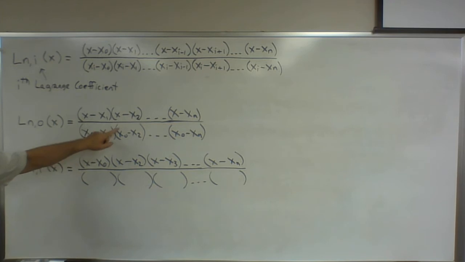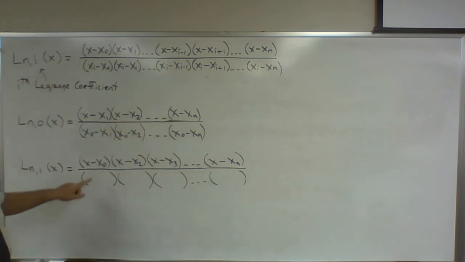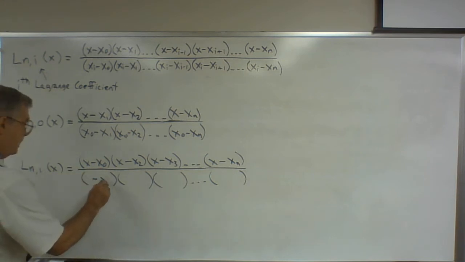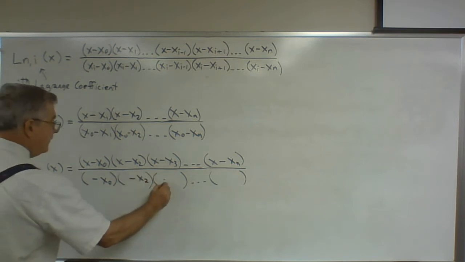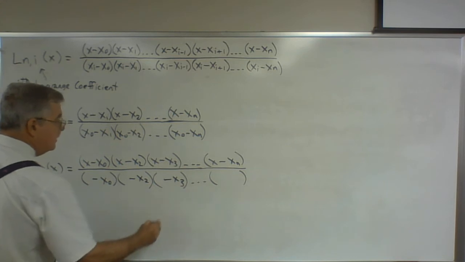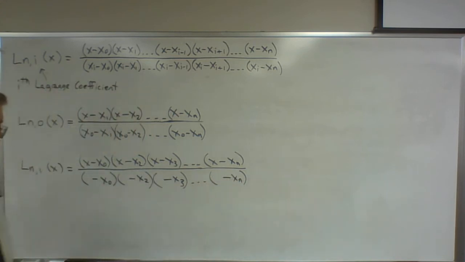So whatever this is up top, that's what we have down in the bottom: minus x0, minus x2, minus x3, minus xn. Now what goes here?